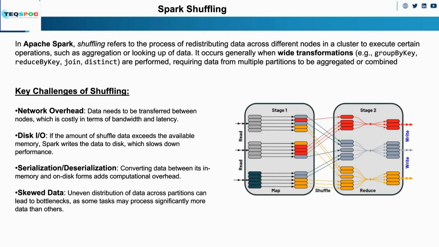Okay. The third point is serialization and deserialization. Converting data between its in-memory and on-disk forms adds computational overhead. So we need to understand what serialization and deserialization are. Whenever data is shifted from one partition to another partition, the data doesn't get shifted just like that. There is a process.